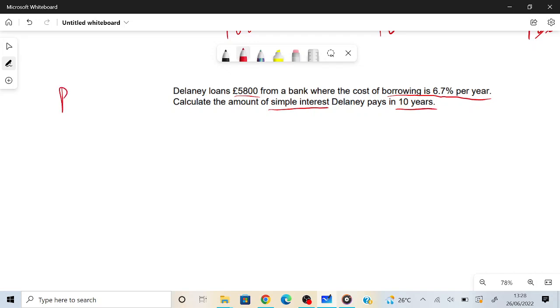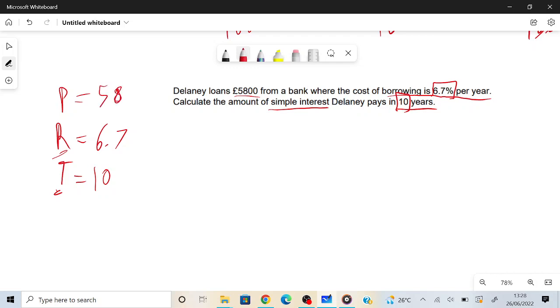We need our P, we need our R, we need our T. Our T, the amount of years, it says it's 10. So that's our T. The rate, anything to do with percentage, 6.7. And the principal amount invested, however, in this case, the principal amount that is borrowed by Delaney, that is 5,800.